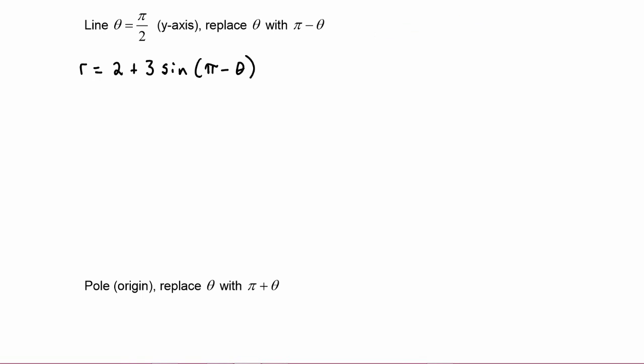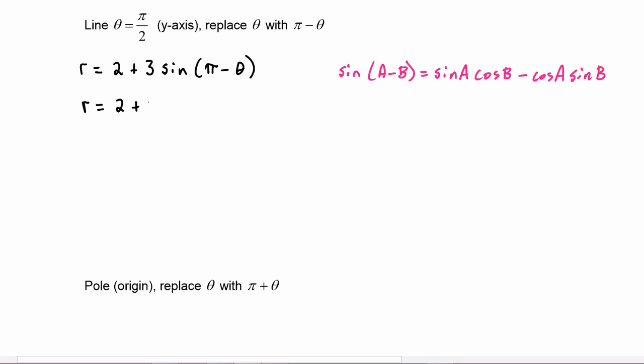We know that we will use the difference identity for sine, which is sine of a minus b is equal to sine a cosine b minus cosine a sine b. Our equation then becomes r equals 2 plus 3 times the quantity sine of pi cosine of theta minus cosine of pi times the sine of theta.